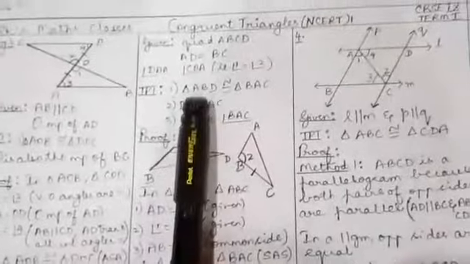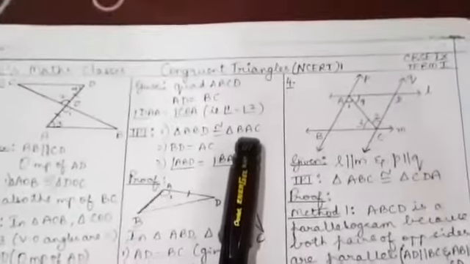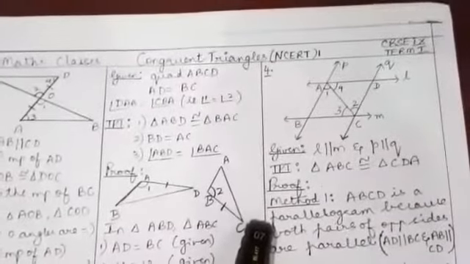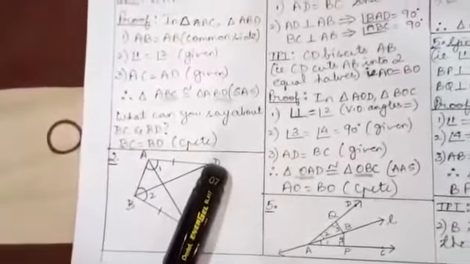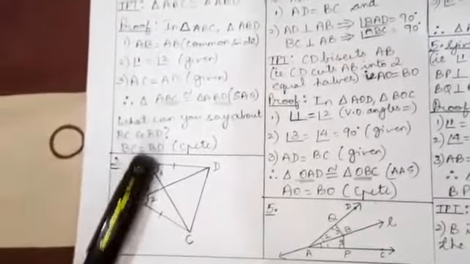So, since we have to show that triangle ABD is congruent to BAC, I have taken up the two triangles separately from the quadrilateral. See here, triangle ABD, you can see it here, and the other triangle is BAC.